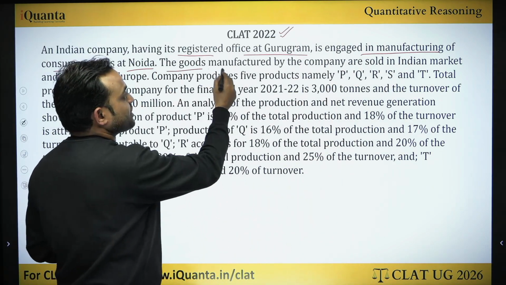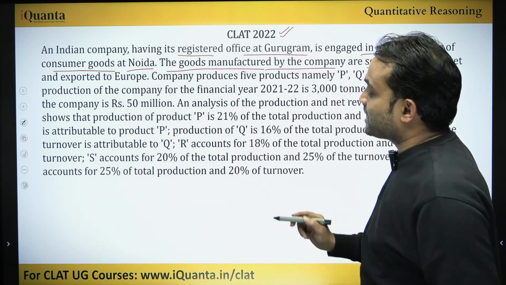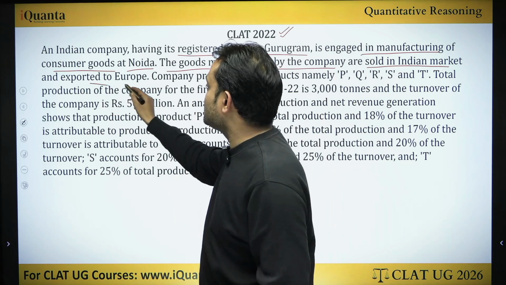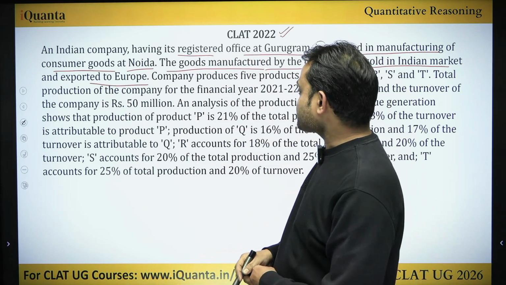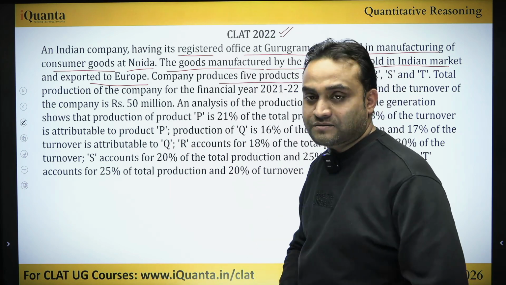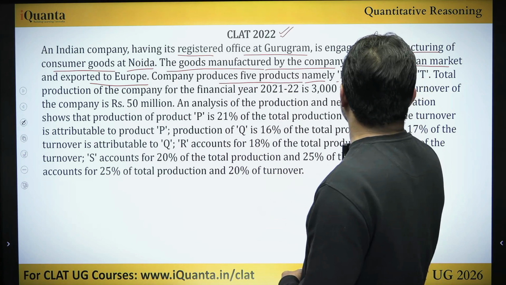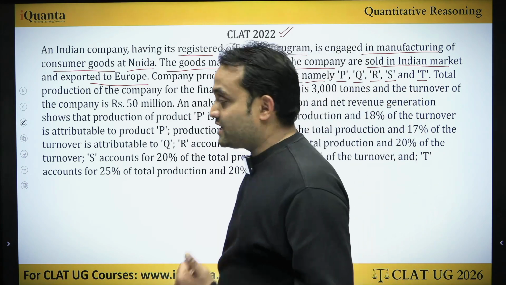The goods manufactured by the company are sold in the Indian market and exported to Europe. Company produces five products, namely P, Q, R, S, and T.